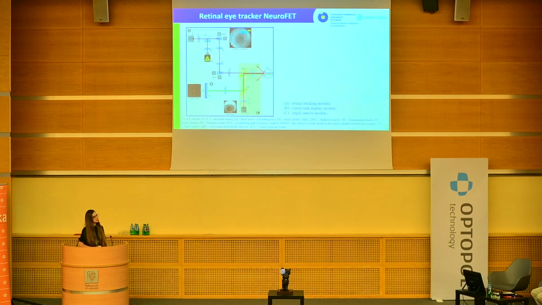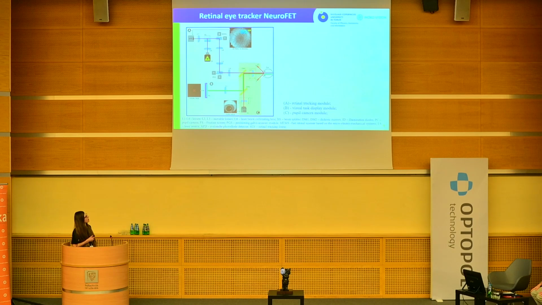So now I want to present to you the retinal eye tracker NeuroFET, which was constructed in Torun. Our device consists of three main optomechanical modules. First of all, we have a visual task display. This display is synchronized with our device, and we can display every visual task implemented in PsychoPy software.